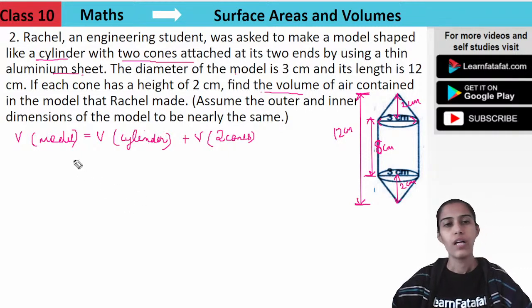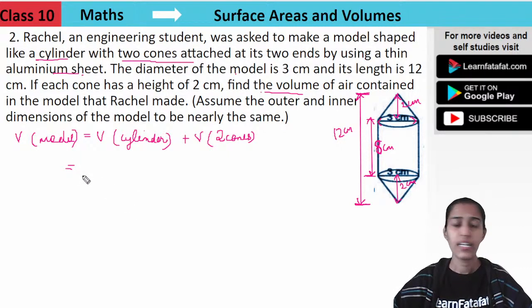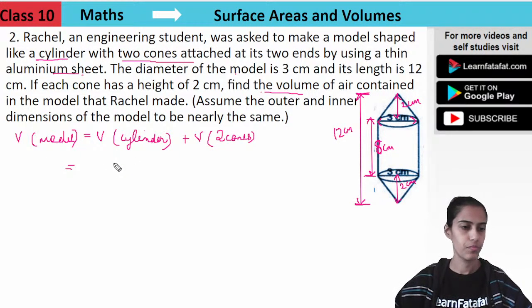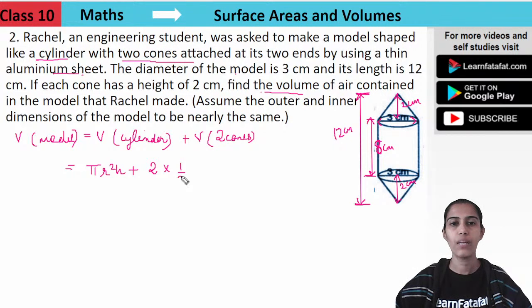Okay, so like formula लिख लेते हैं. Volume of the cylinder is equal to pi r square h and volume of two cones. So I'm going to do 2 multiplied by volume of one cone is 1 by 3 pi r square h.